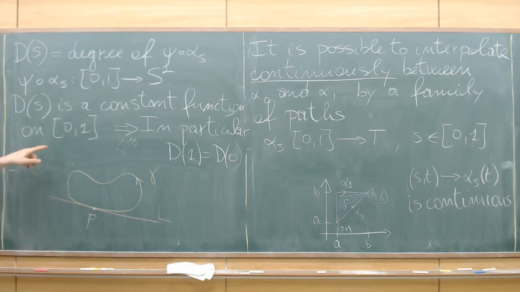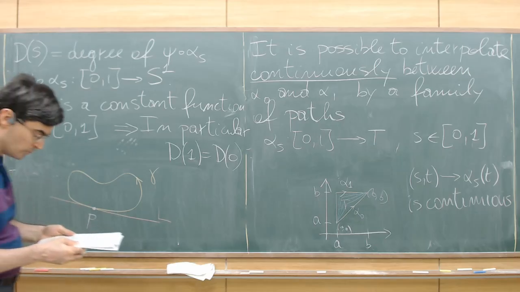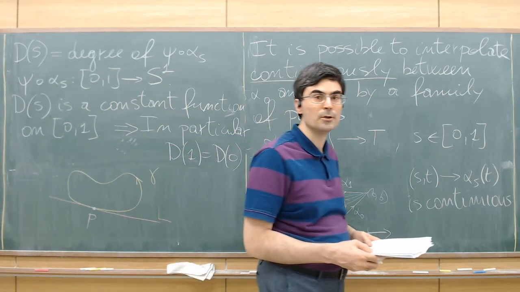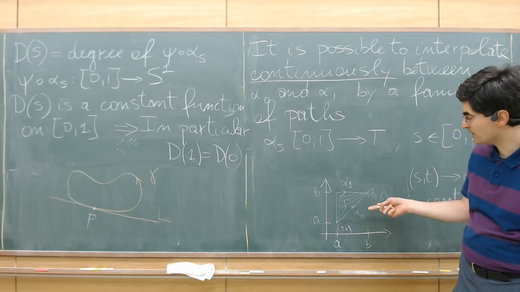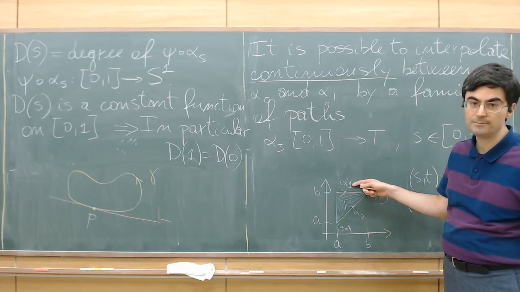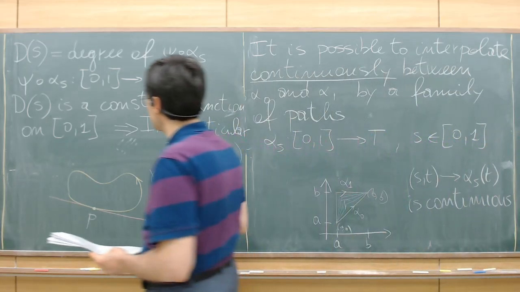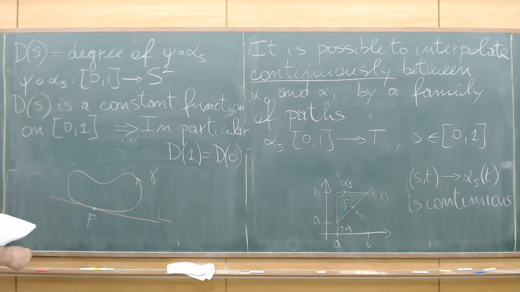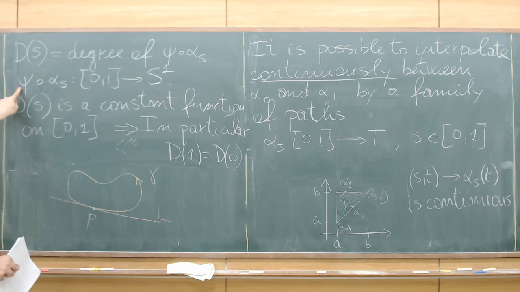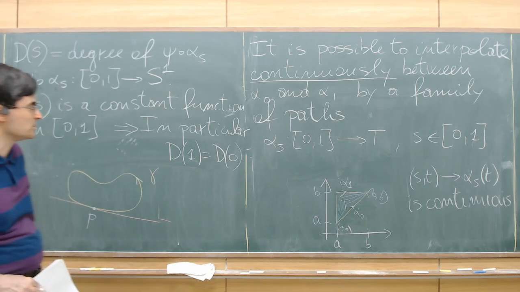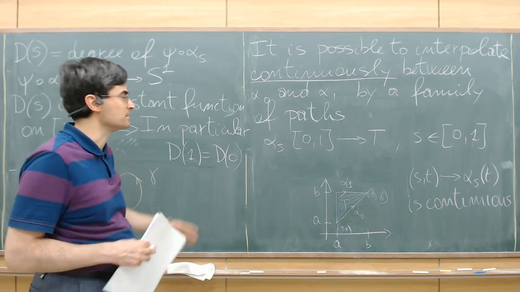So if you want to prove this result here, you have to use the lemma 2.4, and using the fact that alpha 0 is a deformation of alpha 1, this allows you to prove that the degree of psi composed alpha 0 is the same as the degree of psi composed alpha 1, which is exactly the meaning of this identity.